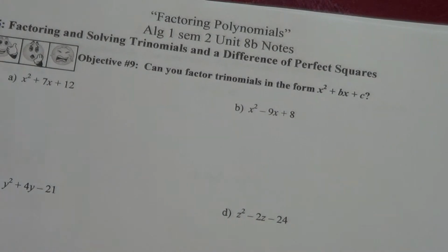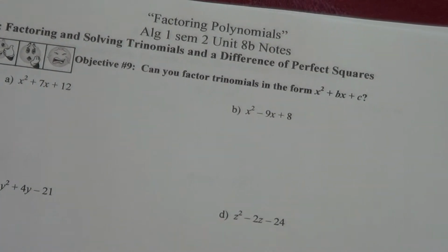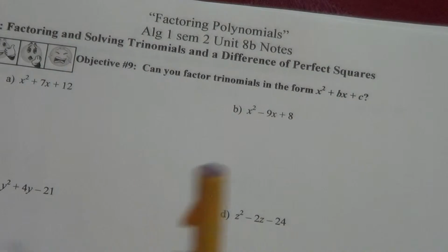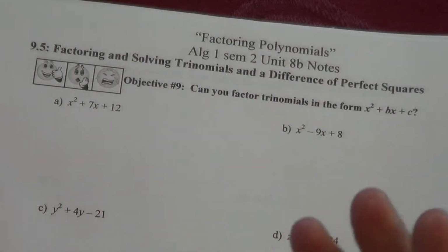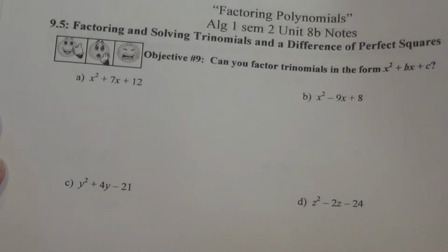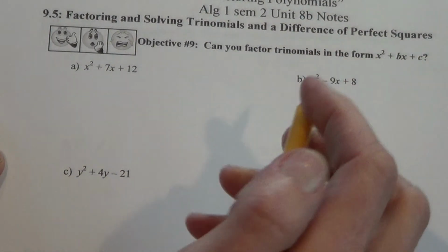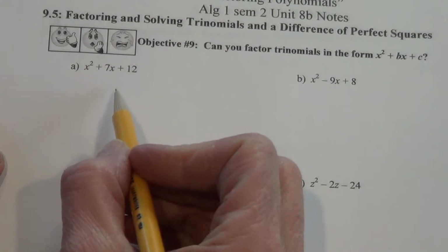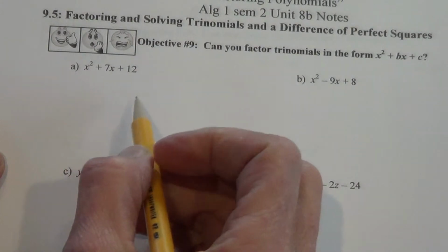Now with 3 terms, you really need to convert them to 4 terms in most cases in order to factor them, unless there's a special pattern, which I'll show you a few tricks on. But really, the only way to do 3 terms is to convert it to 4.